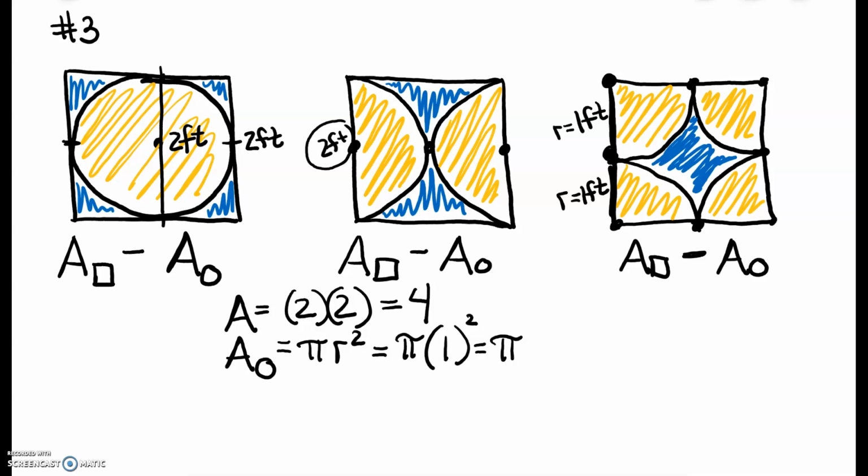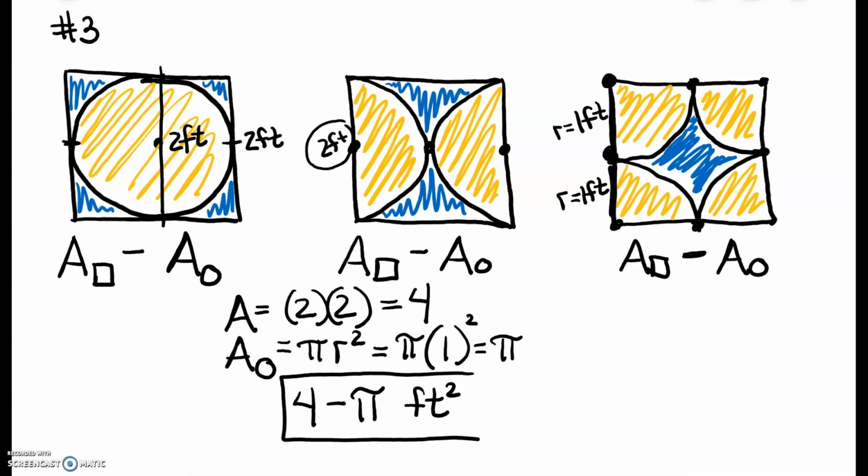The area of the blue is the area of the square minus, we're taking out, the area of the circle. So I get 4 minus pi, and the dimension is going to be feet squared. And that would be the answer for all three of these problems right here. And that's how you should do them in your homework.